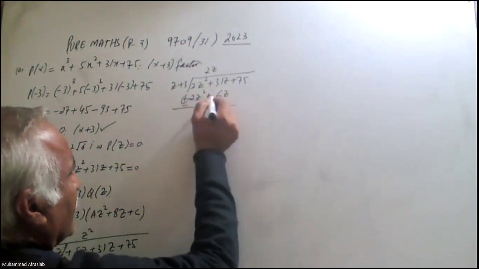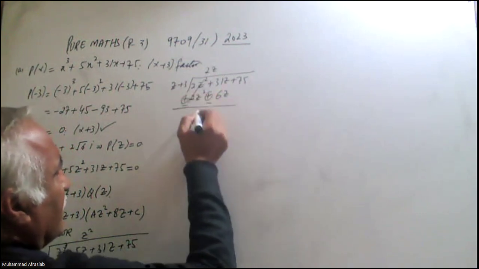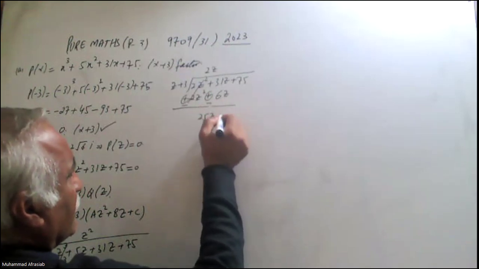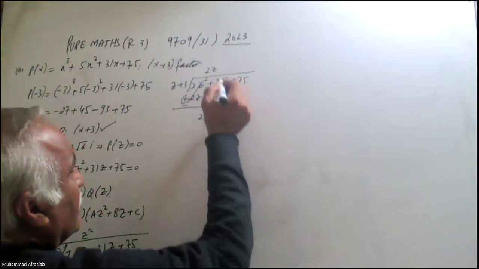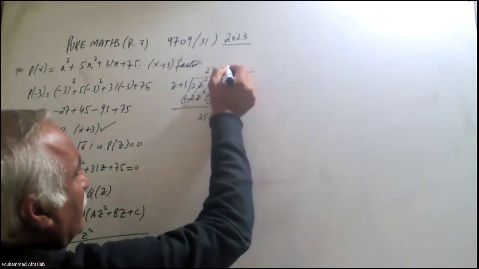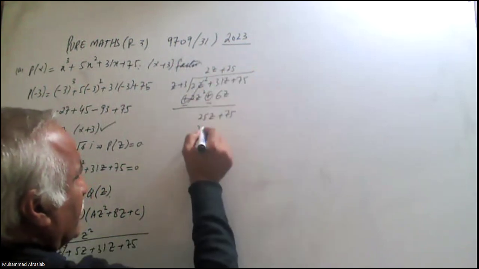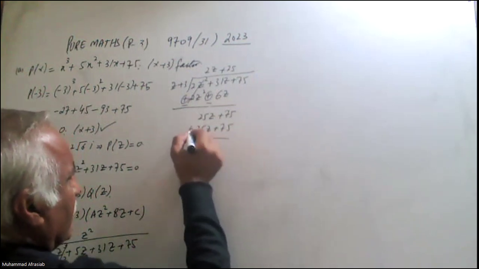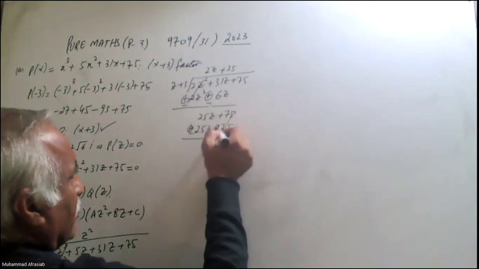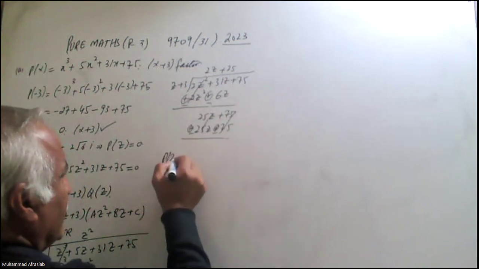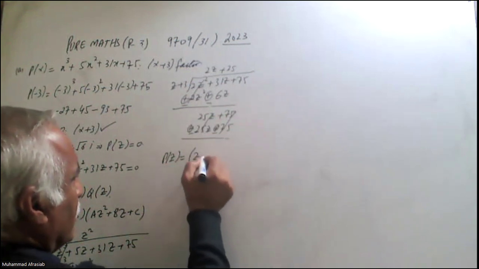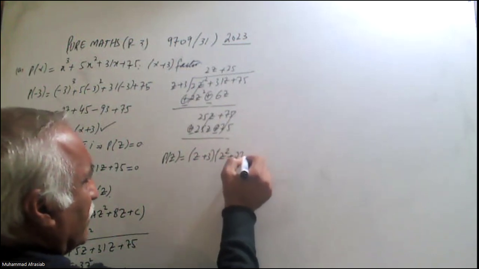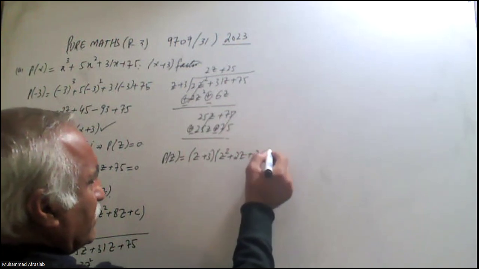Again it will be subtracted and this will be cancelled out. 31 minus 6 is 25z plus 75, so it should be written as 25z plus 75. So P of z is basically equal to z plus 3 into z squared plus 2z plus 25.